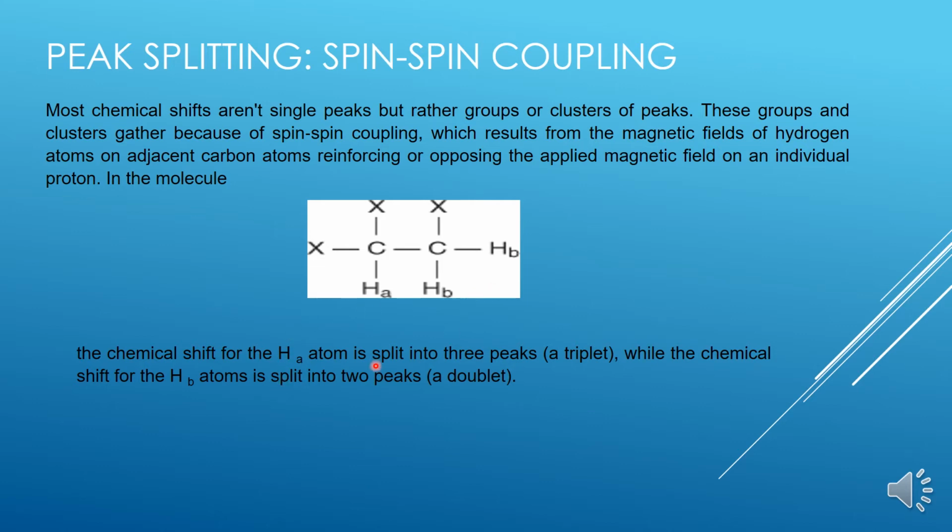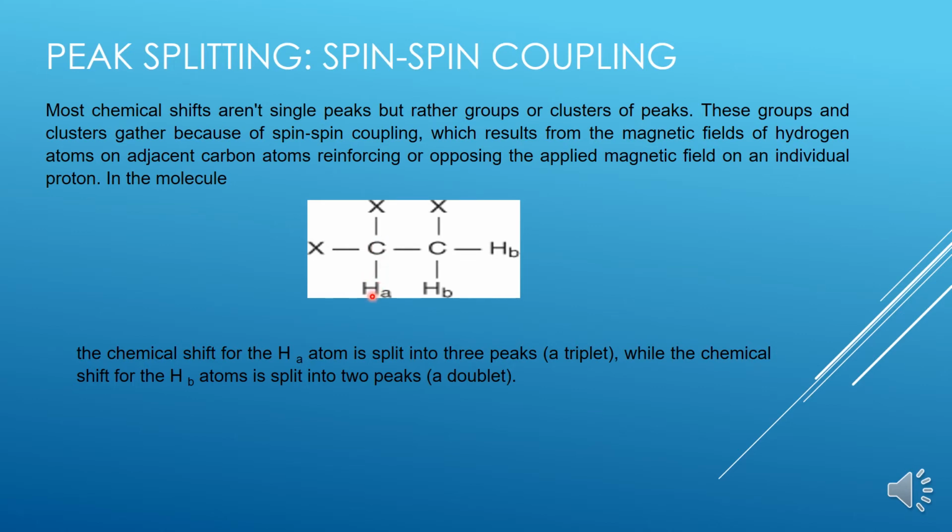Then the chemical shift for HB. The proximity towards HB is one proton. HA is there, isn't it? So therefore, according to n plus 1, this HB atom splits into 2 peaks. Nearer to HB, only one neighboring proton is there, isn't it?